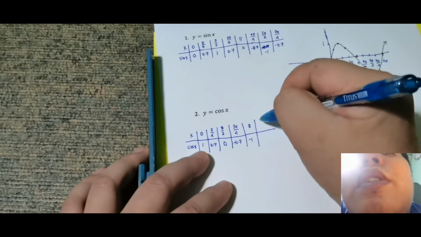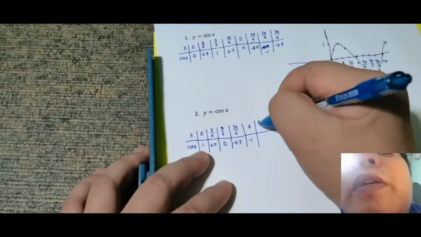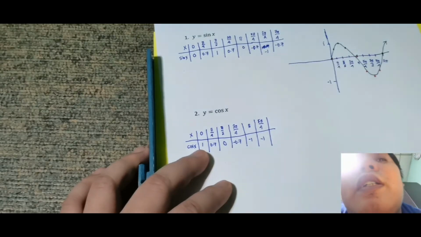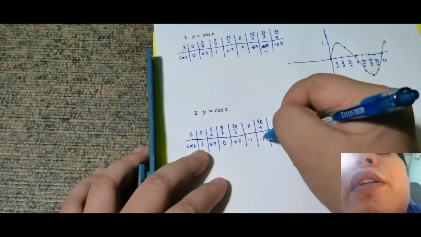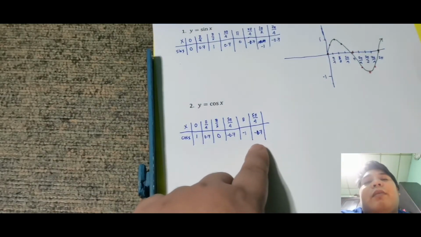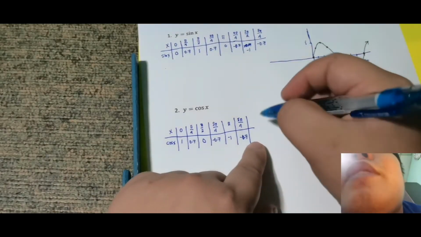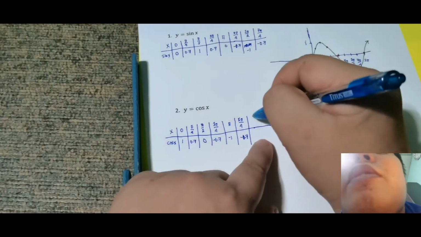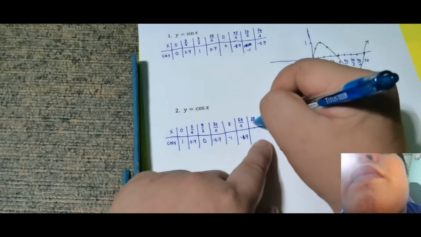Then cosine 5 pi over 4. Siyempre ito ay negative. Okay, next is negative 0.7, sorry, kasi quadrant 3 na. Then sunod is cosine 3 pi over 2. That is 0.